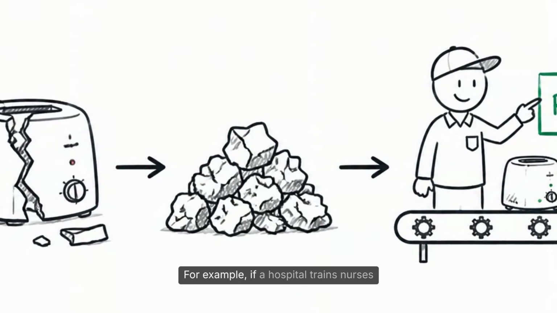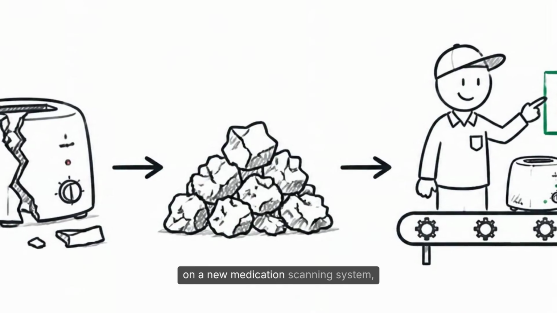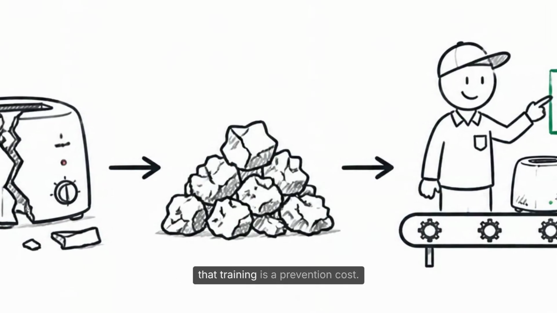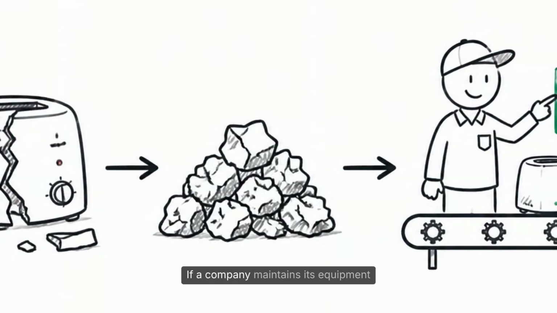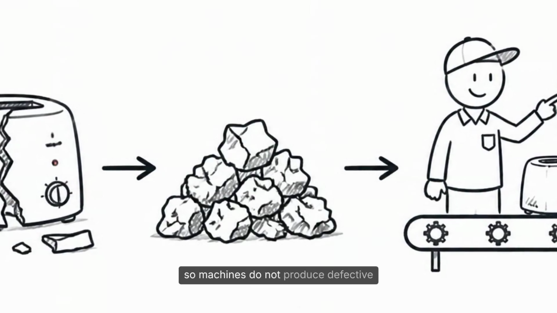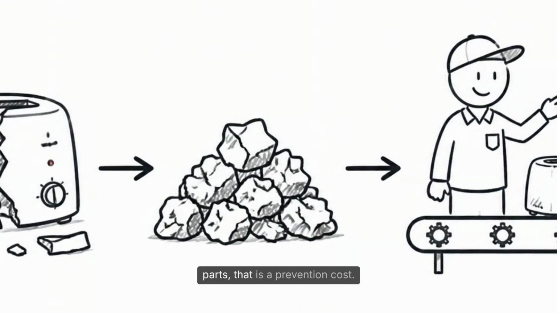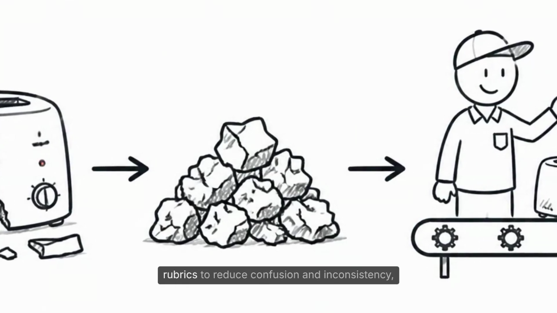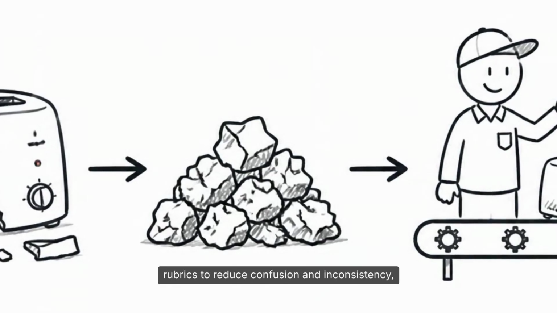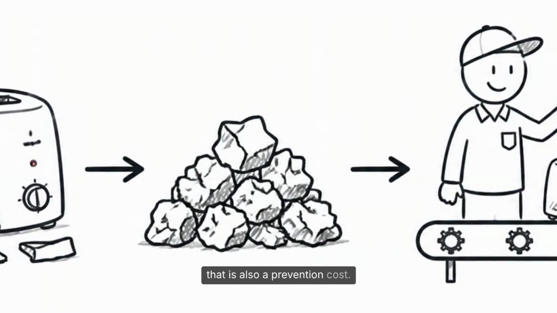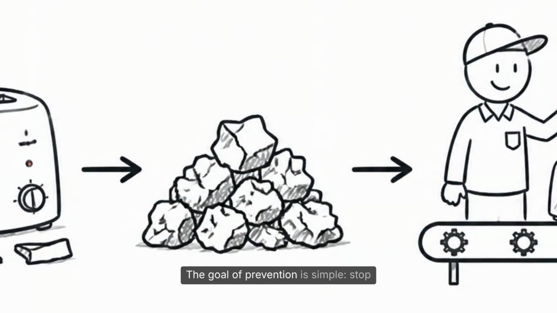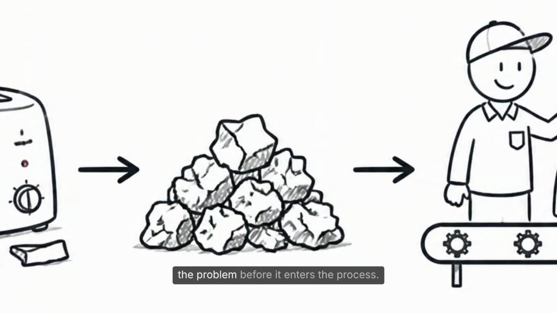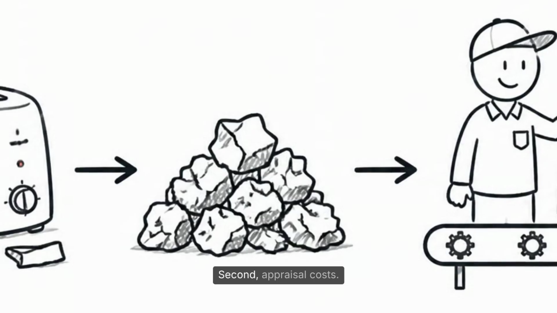For example, if a hospital trains nurses on a new medication scanning system, that training is a prevention cost. If a company maintains its equipment so machines do not produce defective parts, that is a prevention cost. If a university develops clear grading rubrics to reduce confusion and inconsistency, that is also a prevention cost. The goal of prevention is simple: stop the problem before it enters the process.